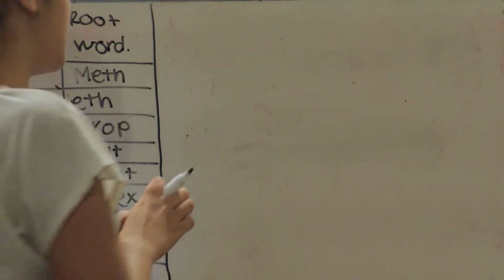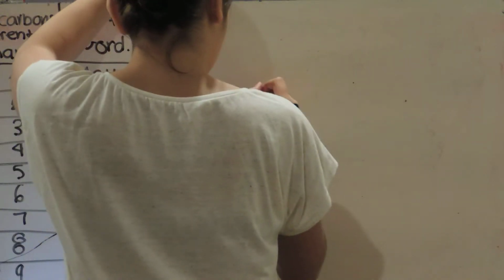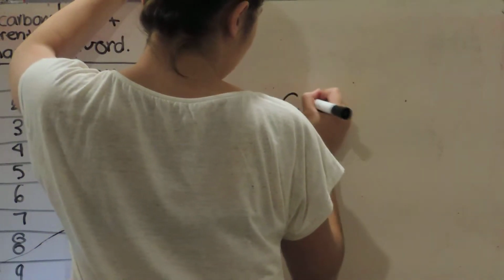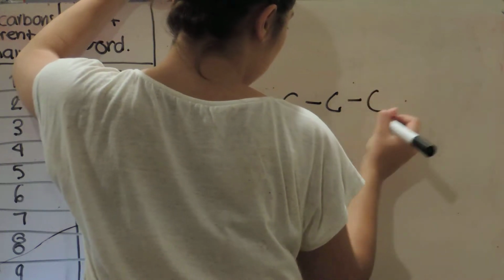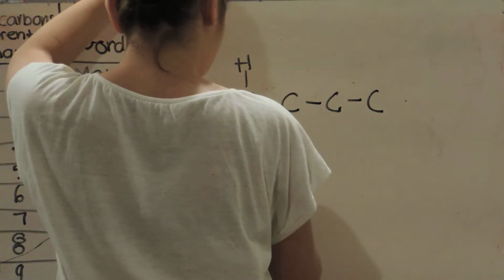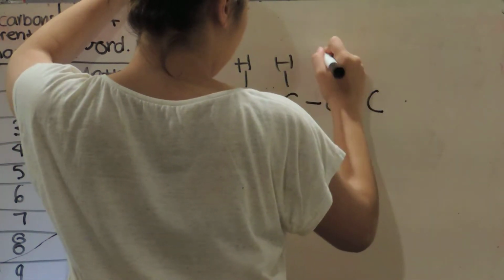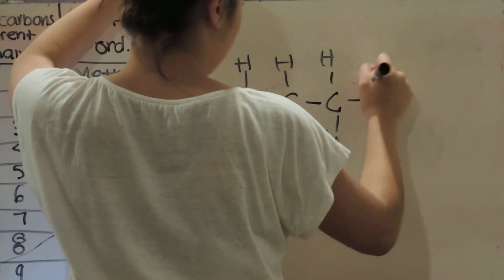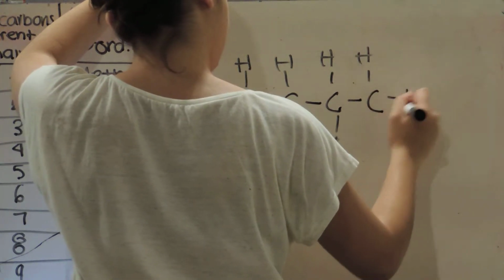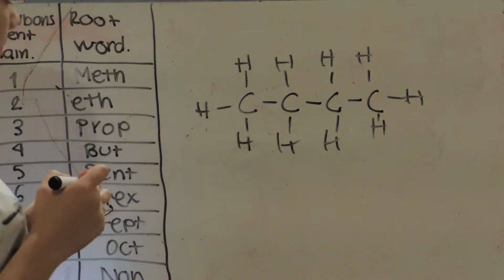Our first example, we have this structure. I'm going to draw it. We have carbon, bond, carbon, bond, carbon, bond. Okay, this is our structure.